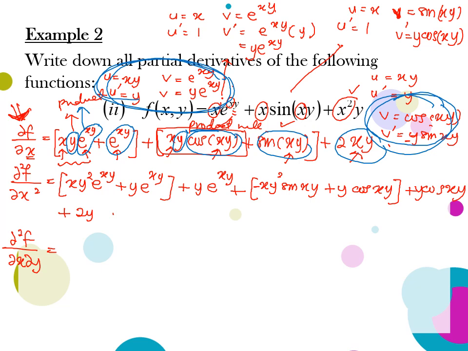Alright, so do the same. Okay, and repeat the process for the next partial derivative, which is del f del y. After that, proceed with del squared f with the same variable, and then perform for the mixed derivative.